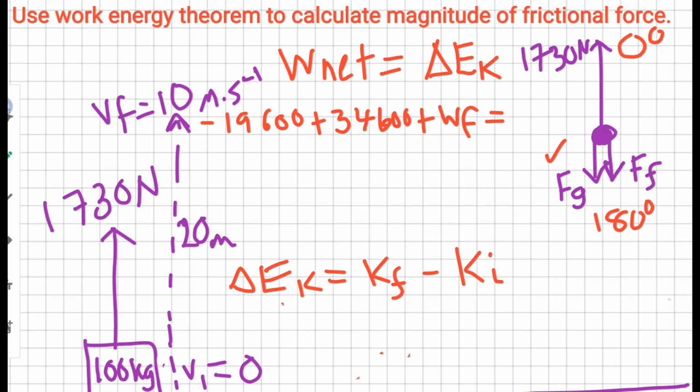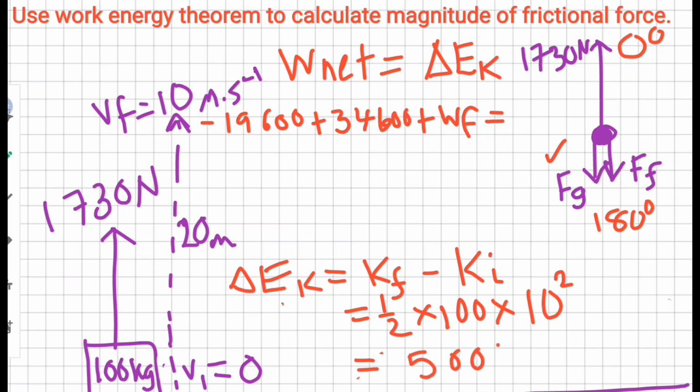So the final kinetic energy will be a half times 100 times 10 squared, so 5,000 joules. Now we've got all the ingredients we need to calculate the work done by the frictional force, which becomes negative 10,000 joules.